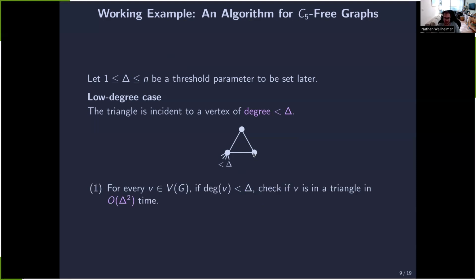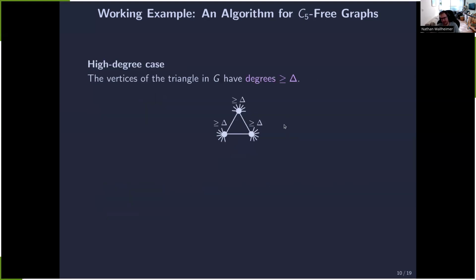We can check if a vertex of degree smaller than delta participates in a triangle in order of delta squared time by taking every combination of its neighbors. And we can repeat this process, and each time, if we did not find a triangle, we can delete that vertex. If we did not find a triangle, we end up with the high degree case, where the vertices of the triangle, if it exists, all have degrees at least delta.